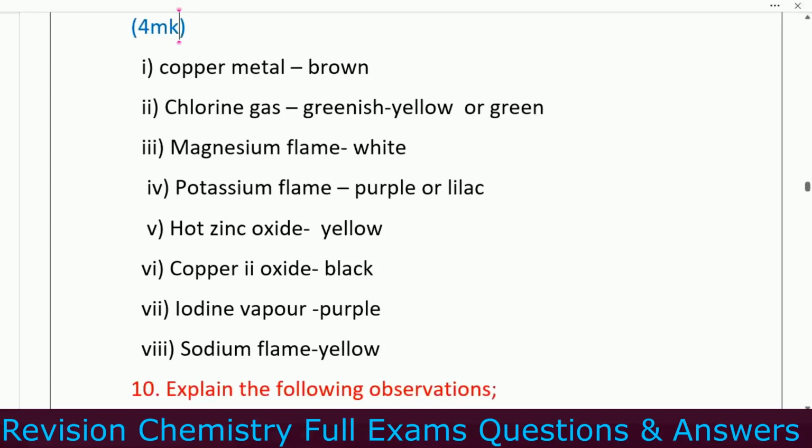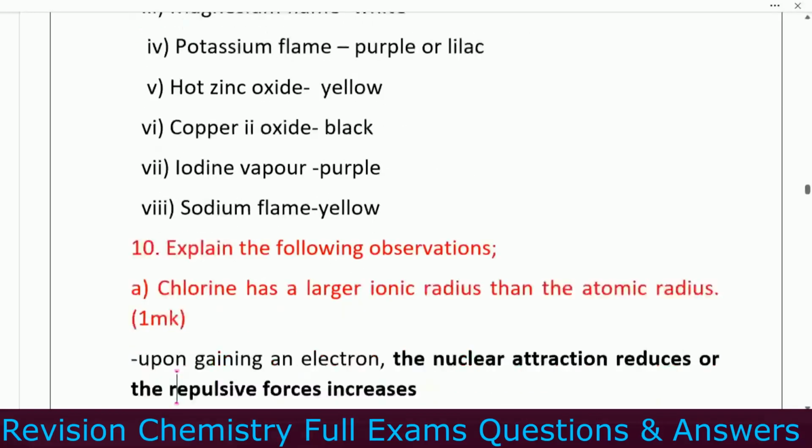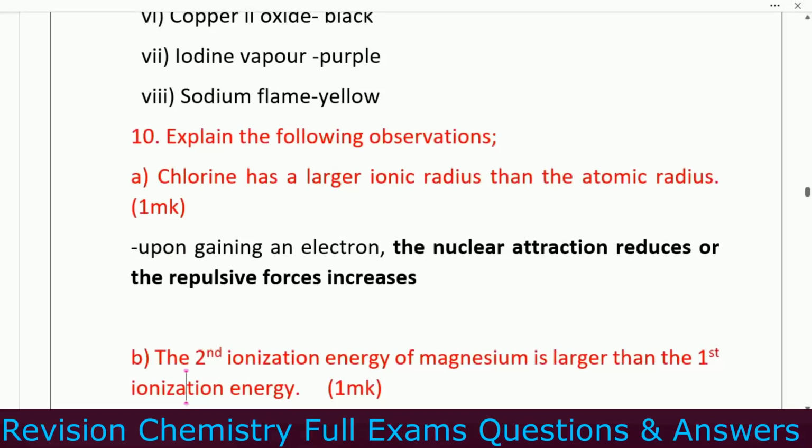If you don't know it is copper, or maybe that metal, and you don't know the color, then most likely you are going to miss that mark. So it is very important for you to know the colors. Be intentional. Ask the teacher.